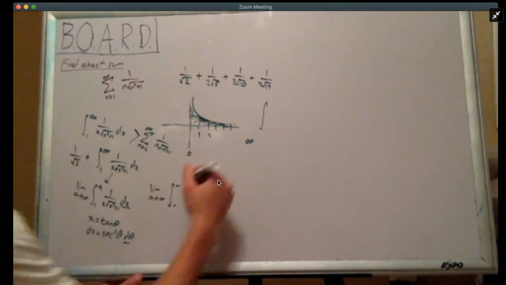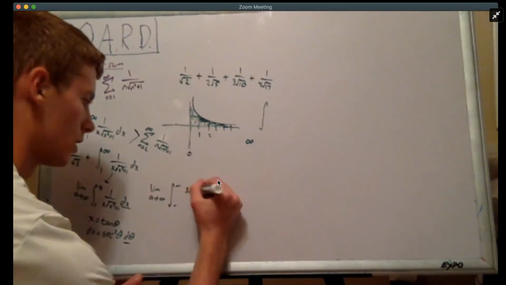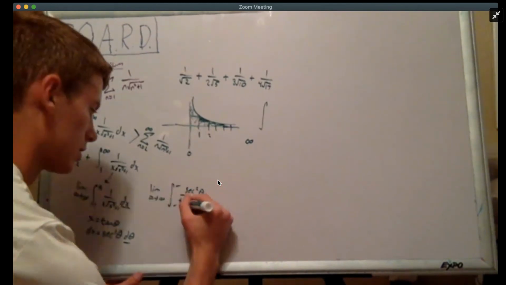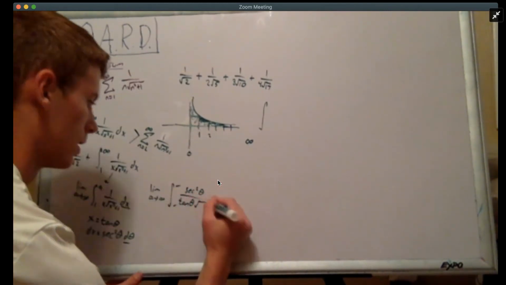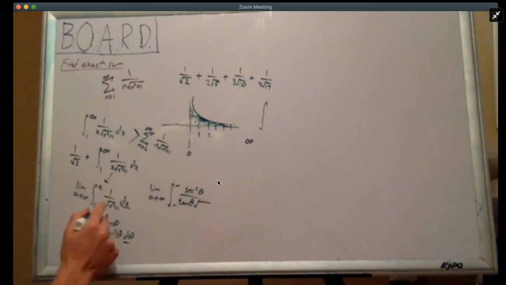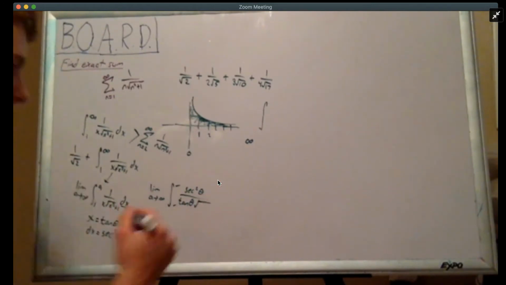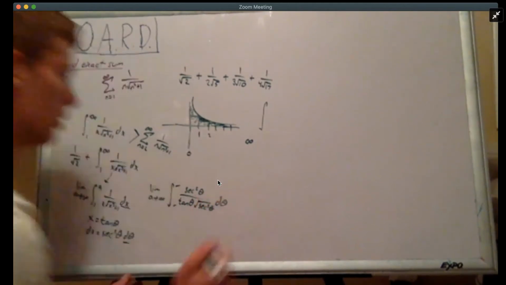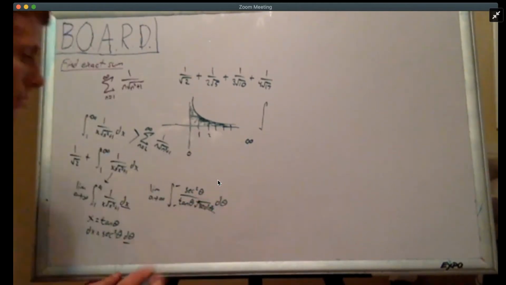So we get secant squared in the top, and then tangent of theta times the square root of tangent squared plus 1, which is going to be secant squared d theta. And we know that this simplifies to secant.